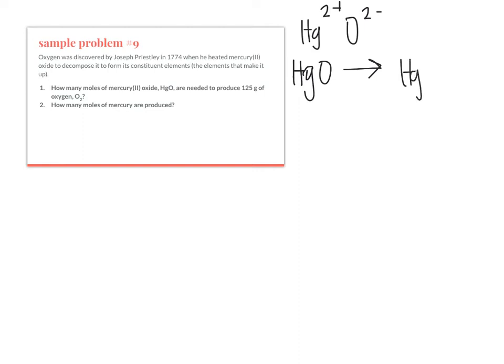Mercury and oxygen, but can oxygen ever just be oxygen? No. So it's O2. So there's our basic equation, and then we have to balance it. We have 2 oxygens on the product side, so we have to add a 2 here. And then we have 2 mercuries, so then we have to add a 2 here. And then it's balanced.